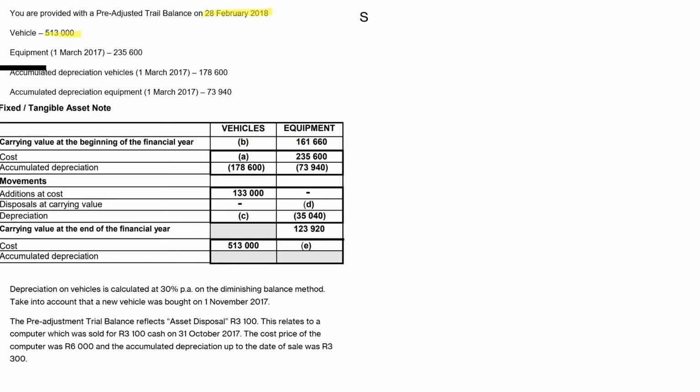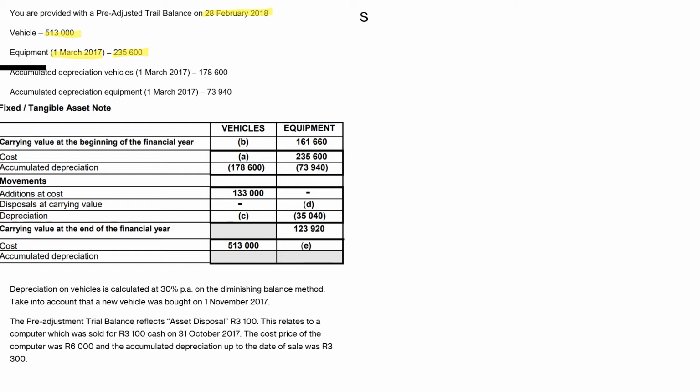Then equipment is 235,600. You see this difference here. It shows you that the equipment amount you are given was at the beginning of the year, and the one for vehicles at the end of the year, after taking into account any other movements.